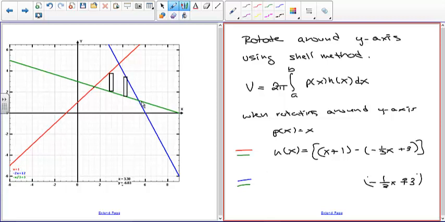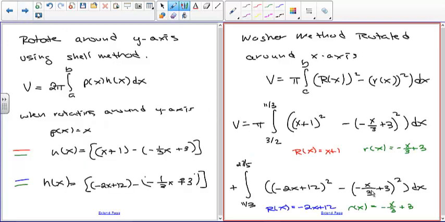But the blue part was negative 2x plus 12. So that's h of x for the second part: the blue curve minus the green curve. Again, if we go back and look at the other case, we squared this squared minus that squared. For the shell method, we just take this minus that.